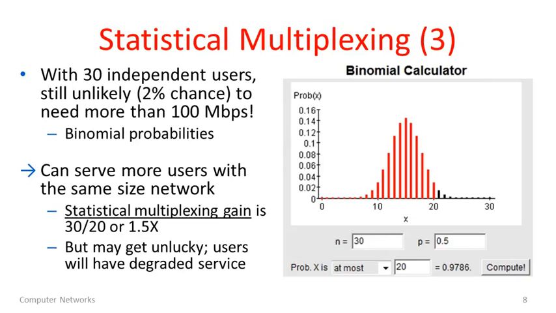Just imagine now that I'm changing the number of users that same ISP is serving, and it's going to sign up 30 different users. They're all going to act independently. What's going to happen? Well, this picture here, this binomial calculation, shows you what is likely to happen if all of the users are independent.